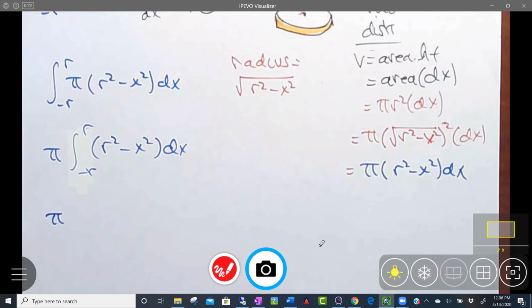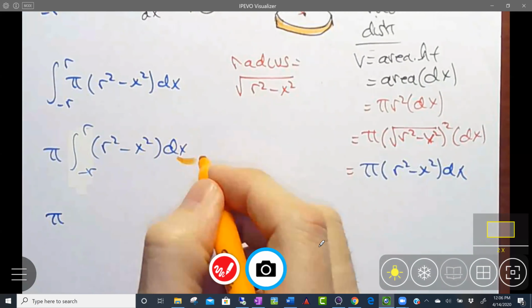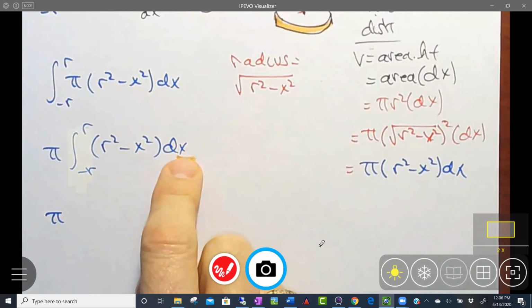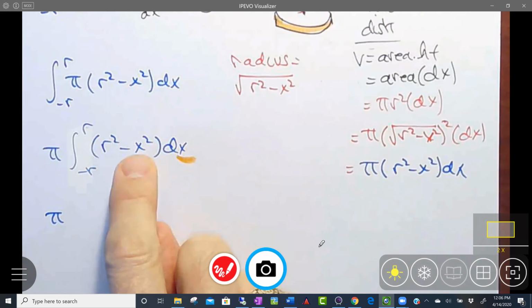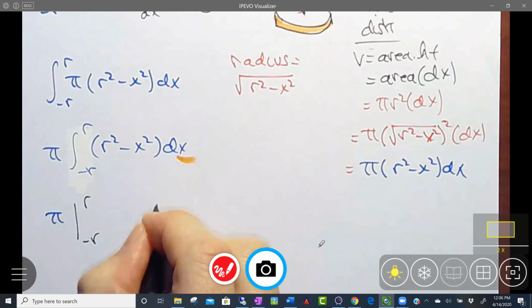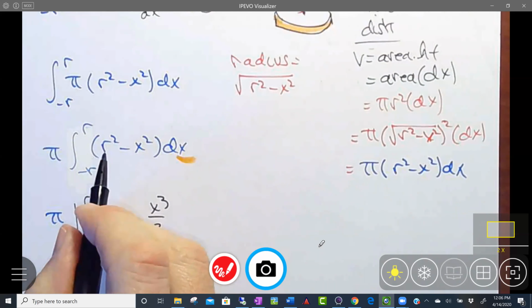And that's where it's so important. I get so annoyed when people leave off the dx. You're integrating with respect to x. So here, what's the antiderivative of x squared? x cubed. Good. So it's going to be x cubed over 3. But here's the tricky part.